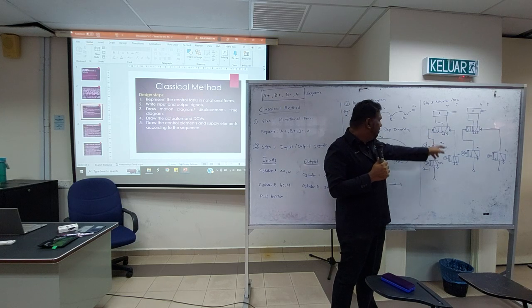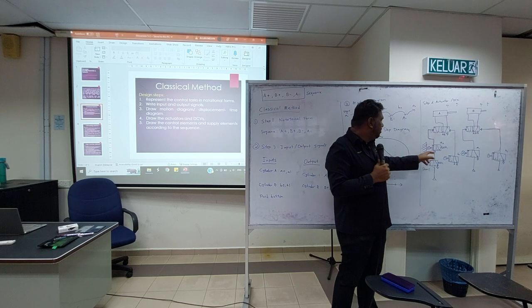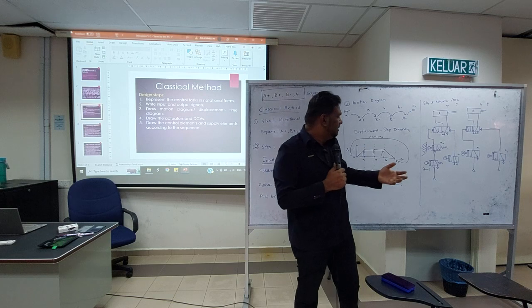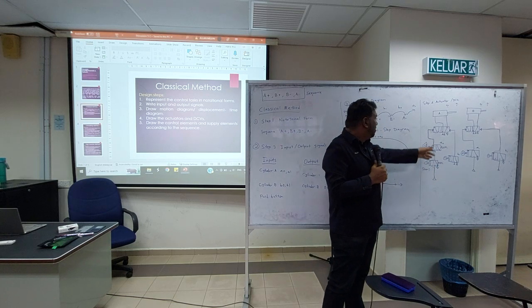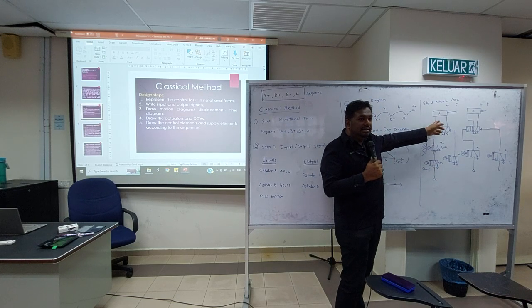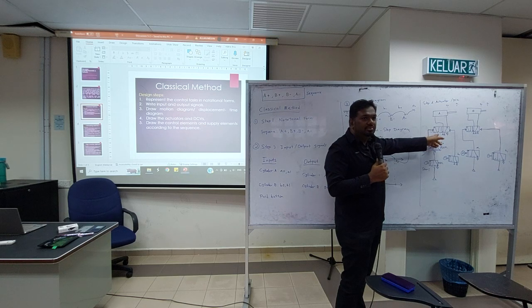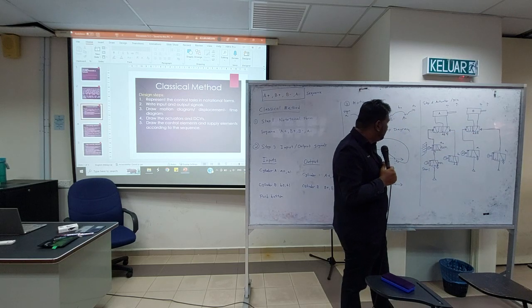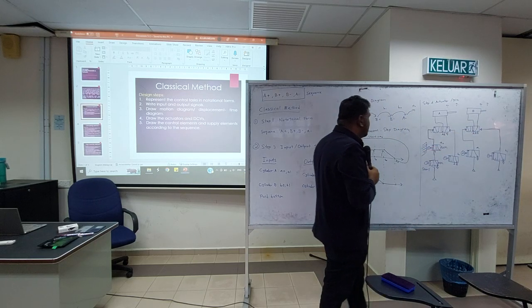So dekat sini jangan lukis macam ni. So this is 3/2. So 3/2 boleh control normal roller ataupun push button. So yang tu semua 3/2. But if you want to control double acting cylinder, kena ada 5 port. So 5 port. Okay, so draw this together. Okay, then baru follow the sequence.